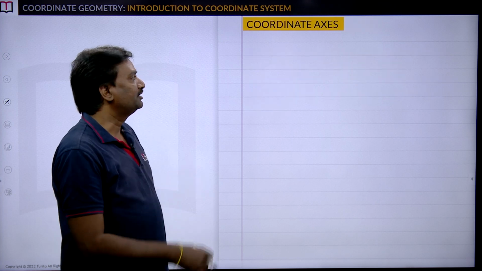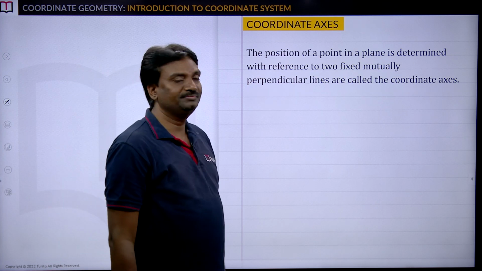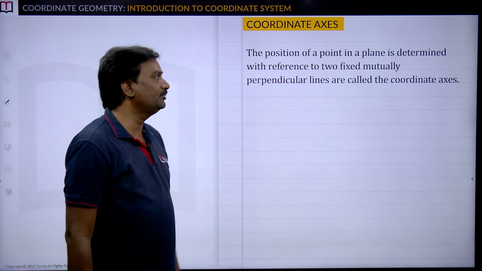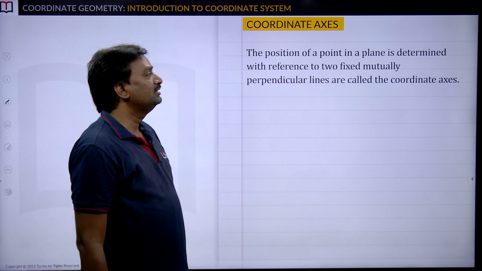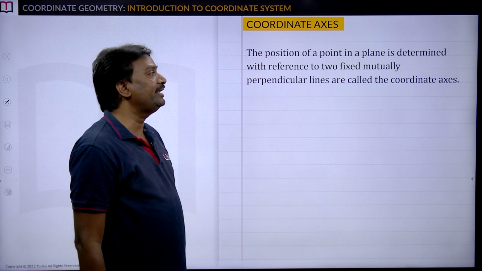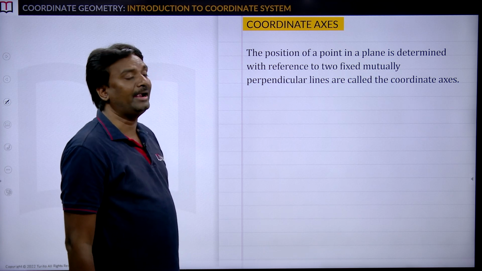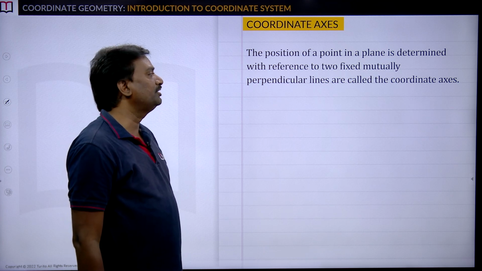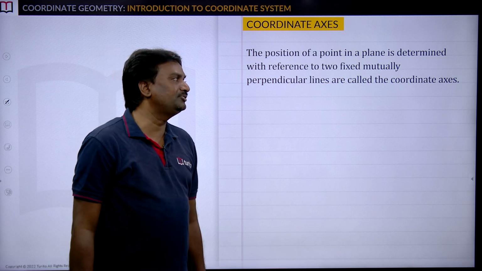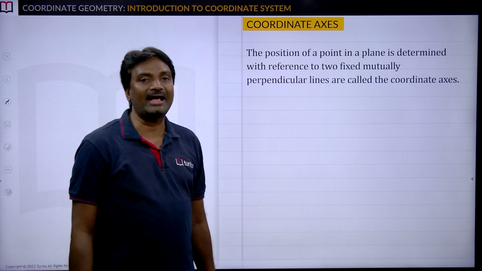Okay. Next, coordinate axis. This is a very important concept. Coordinate axis means the position of a point in a plane is determined with reference to two fixed mutually perpendicular lines, which are called the coordinate axis.